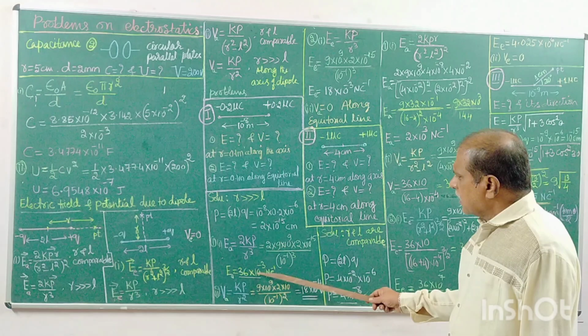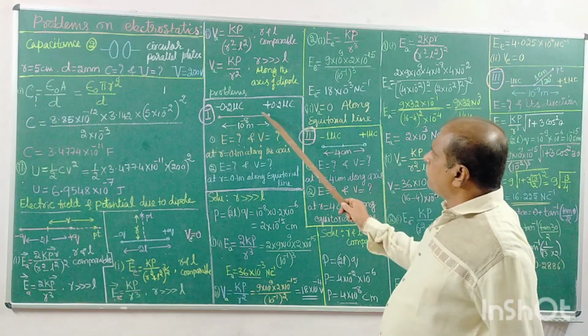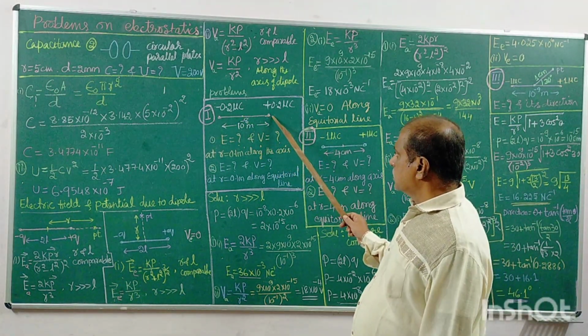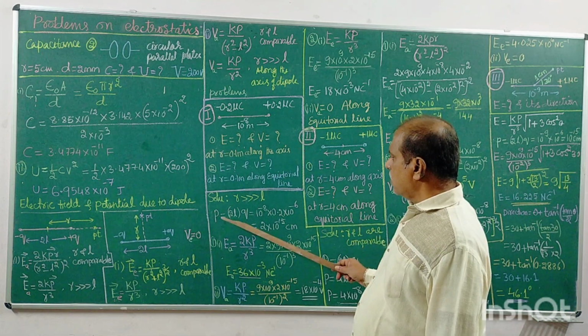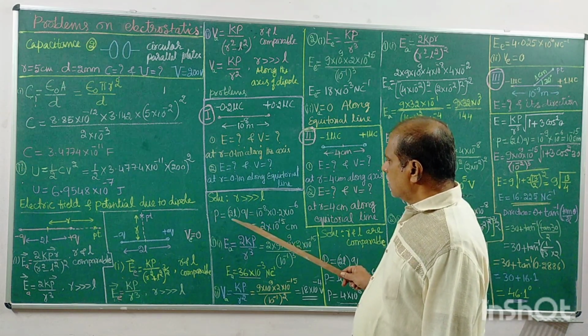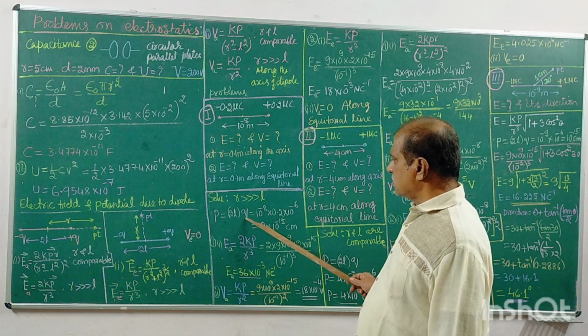For all this calculation, we require P, the dipole moment of the dipole. Recall, dipole moment means 2L into Q: 2L is the distance of separation of the charges, and Q is the magnitude of any one of the charges.